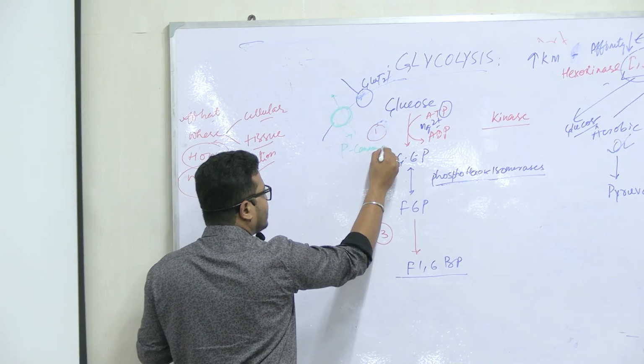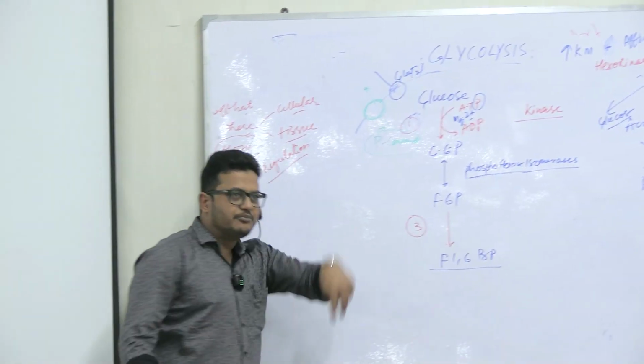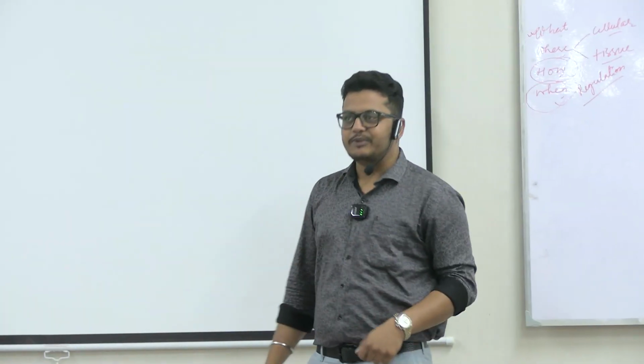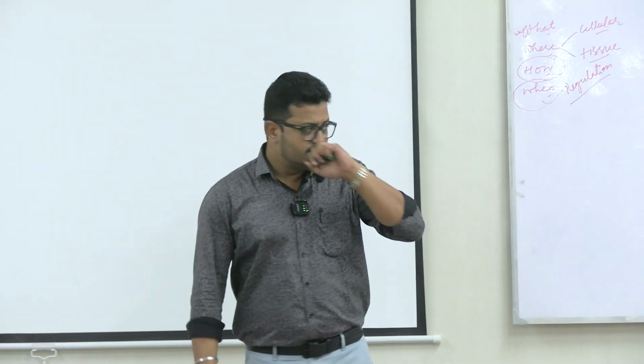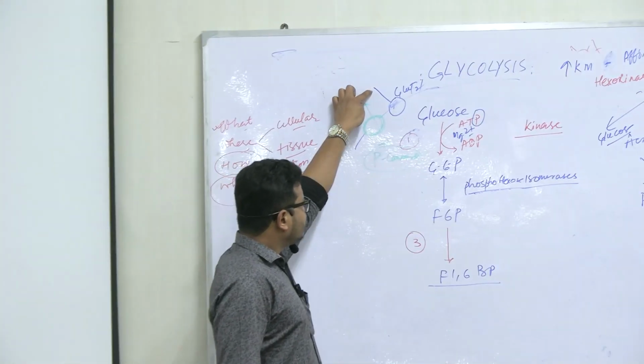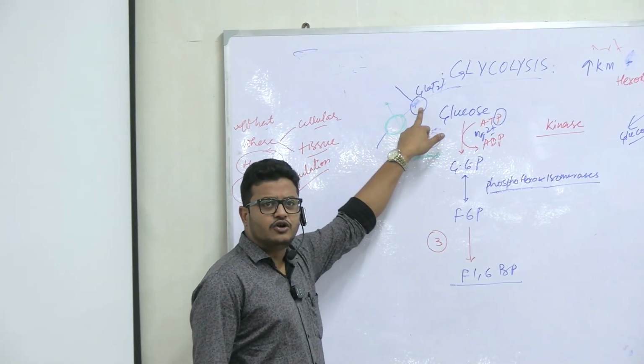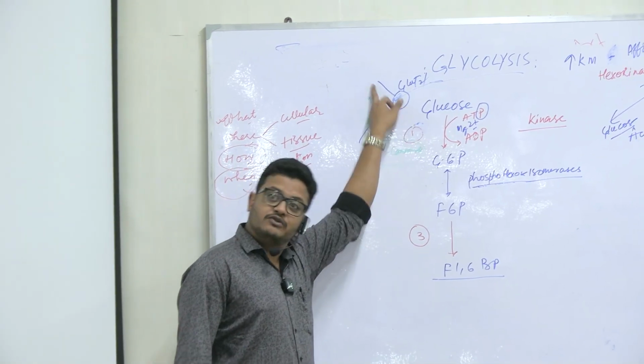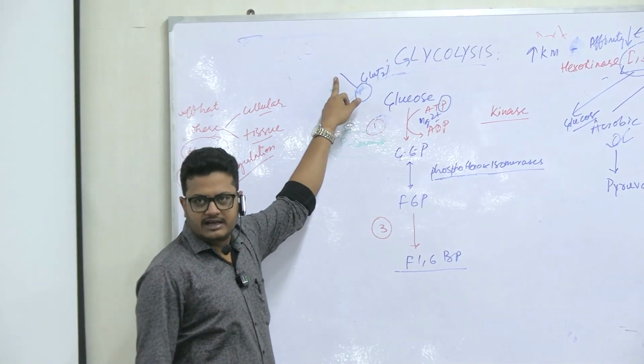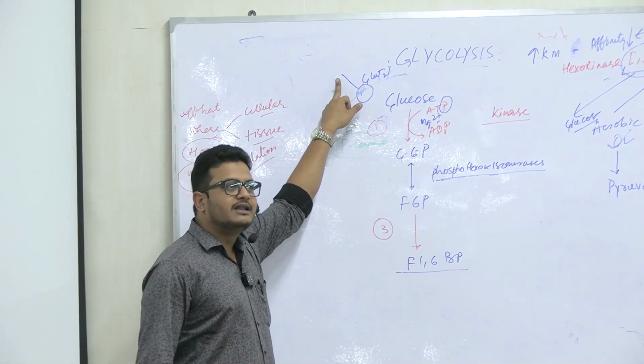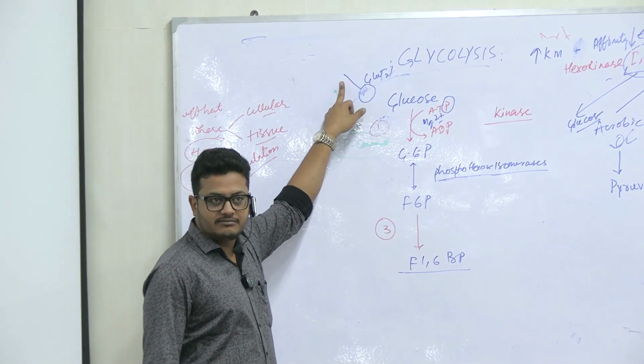Remember that. They cannot import or export phosphorylated compounds. But the glucose that has come inside by GLUT2 can readily move outside by using the same transporter. It just depends on the concentration gradient.